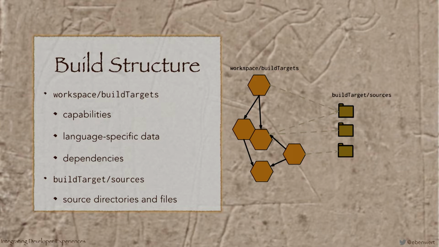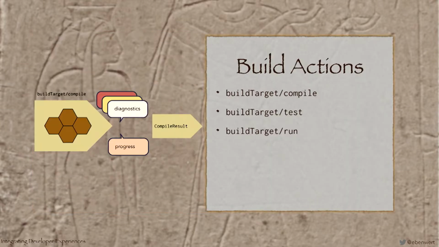And of course, you can have sources associated with some target. This is a separate request because the sources can be associated with multiple targets, or likewise one target can be associated with multiple sources. There's a bunch of actions you can do that I mentioned, such as compile, test, and run.